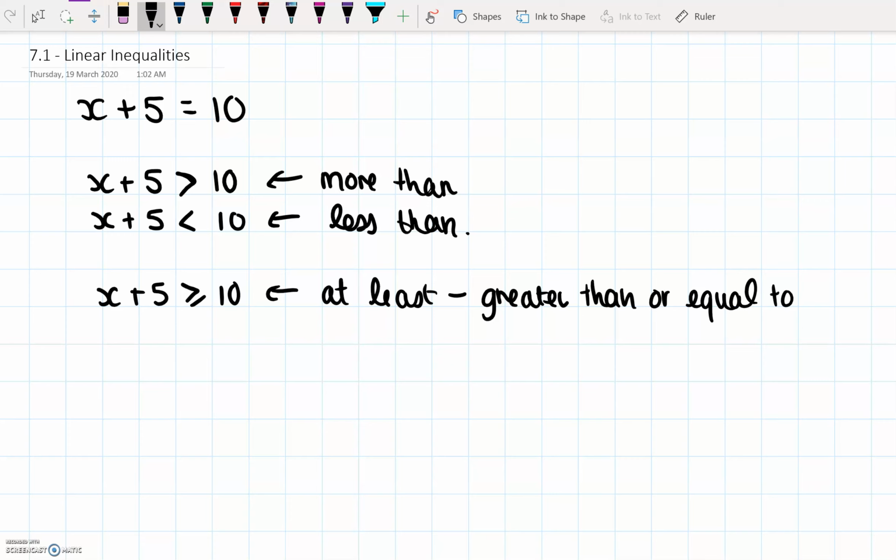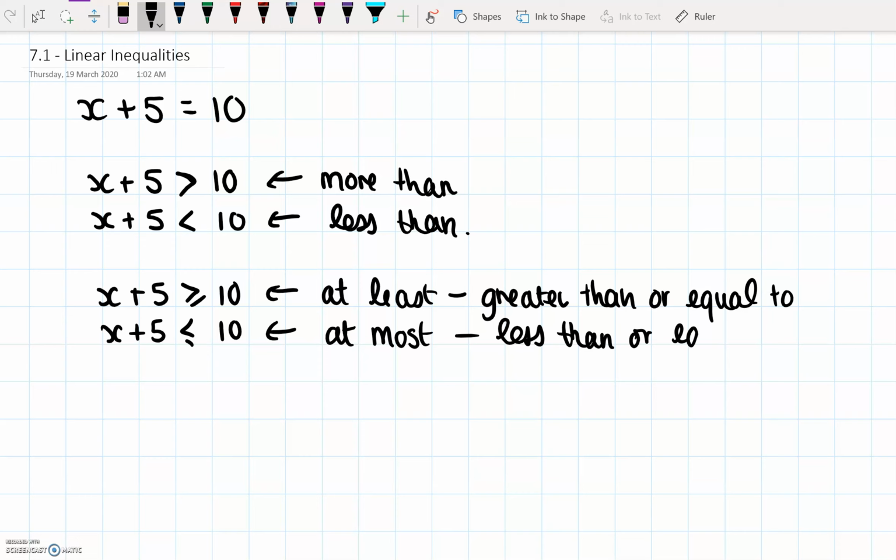We can also have x plus 5 is at most 10, which means x plus 5 is less than or equal to 10. And this would mean at most, or less than or equal to.